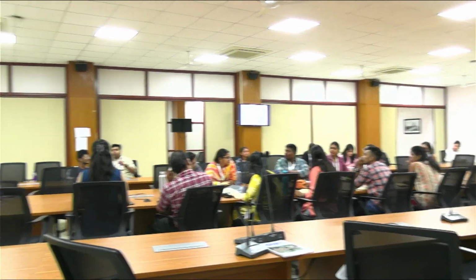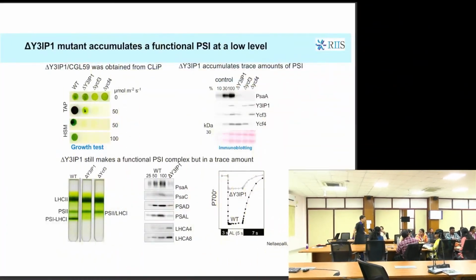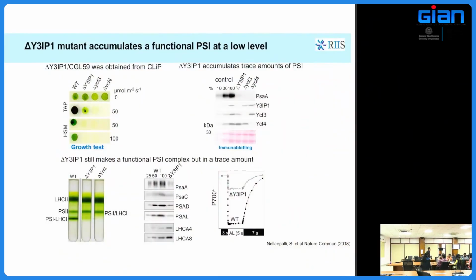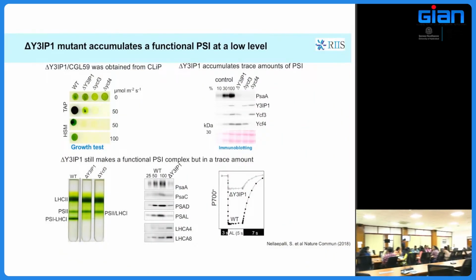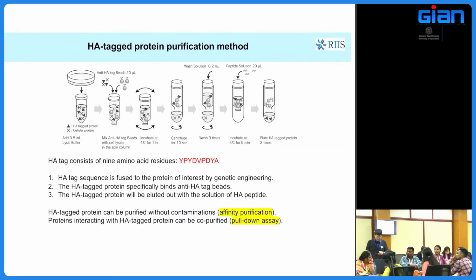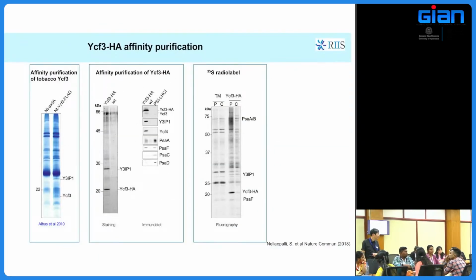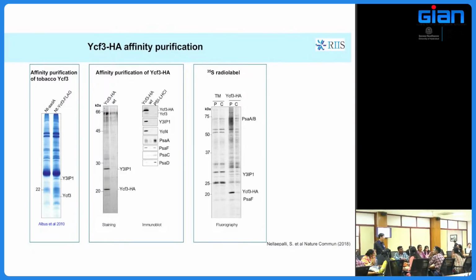Okay, my question is from the first part. The PS1 core has more pigment molecules, you showed, right? PS1 core, more chlorophyll molecules arranged in the structure. So when photoinhibition happens in high light stress, it affects more PS2.